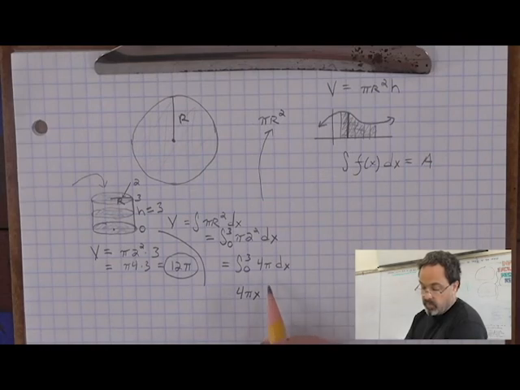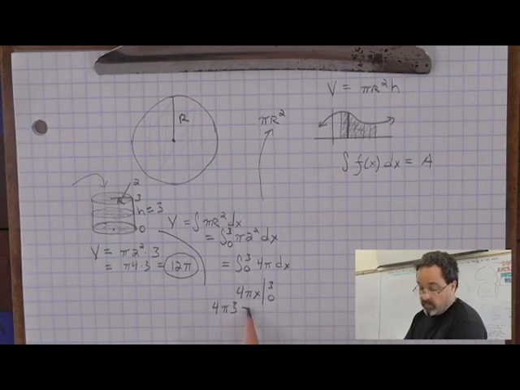We're going to apply the bounds with the fundamental theorem of calculus, now that we have the antiderivative, 4 pi times x on the bounds from 0 to 3. And we know how to process this. We put 3 in, which is the upper bound for our variable, and we get 4 pi times 3, minus putting the lower bound into the antiderivative at its variable, or 4 pi times 0.